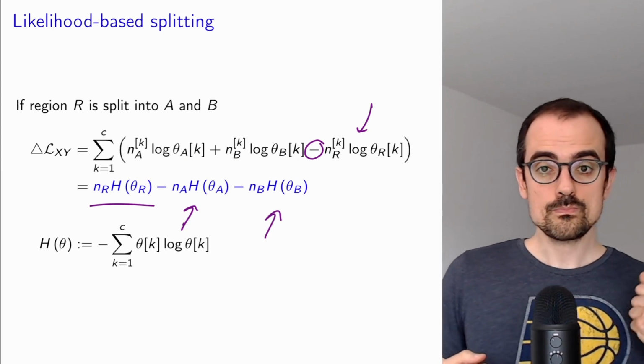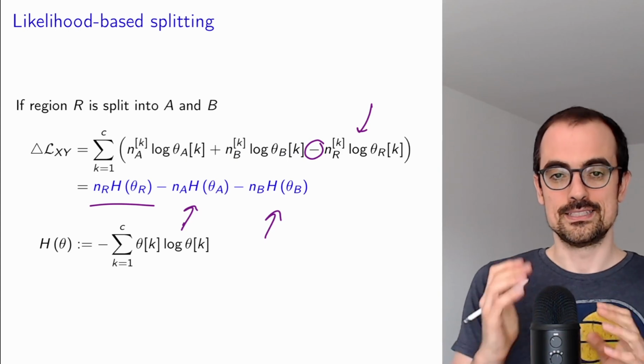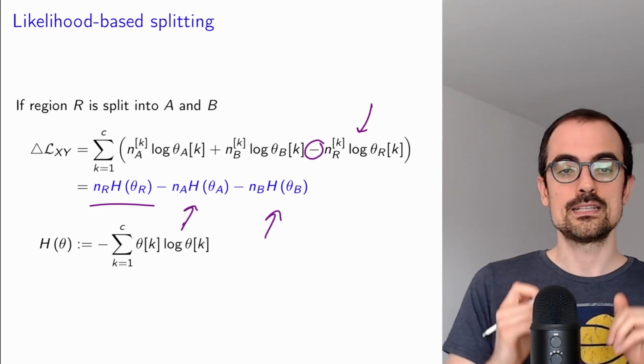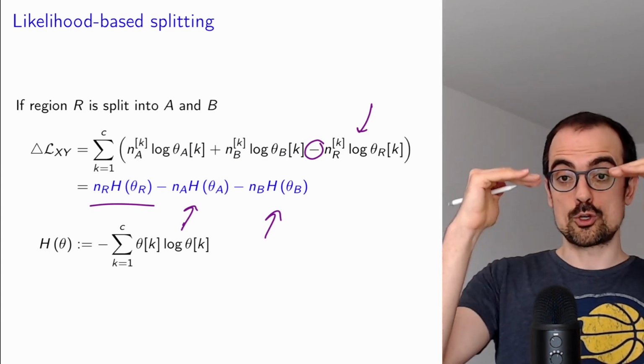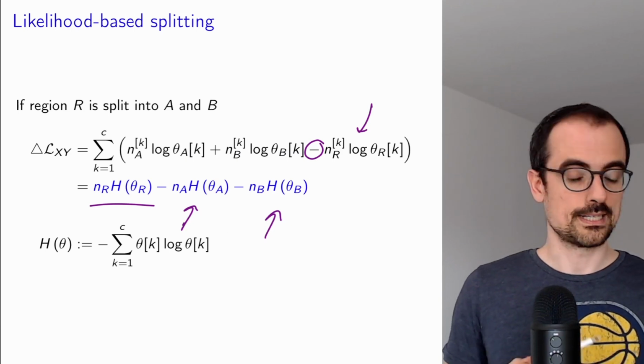So basically, if we maximize this, we're trying to find the split that pushes the entropy down as much as possible. Okay, makes sense?